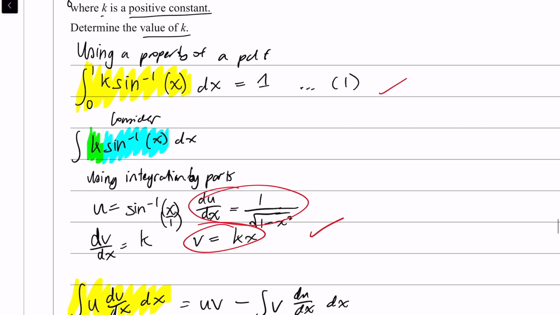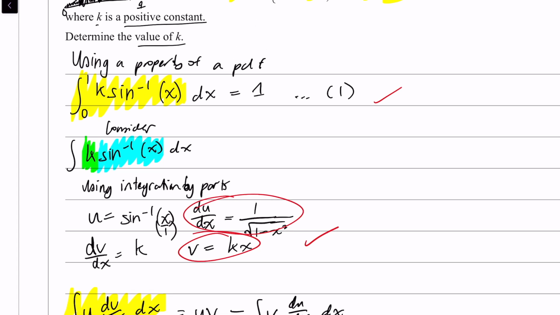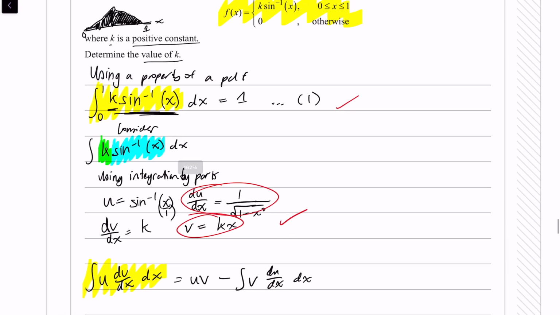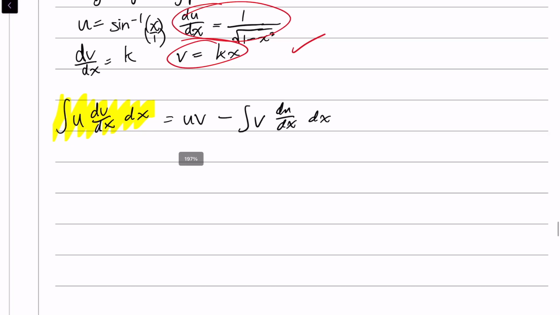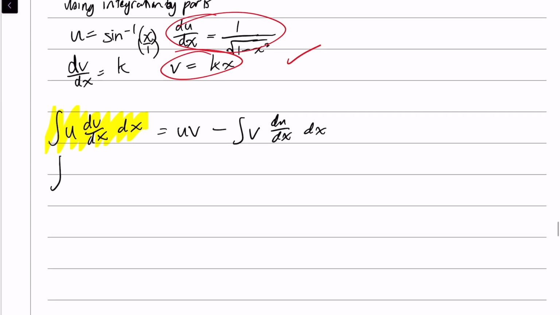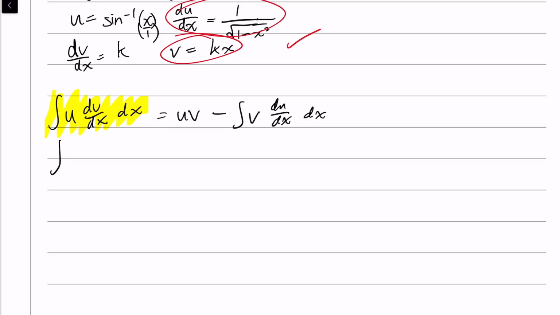We have a u value, which is our inverse sine x, and our dv dx value, which is just k. And if I multiply those together and then integrate that, then I'm using my integration by parts formula, right? So that's my application of it. And then obviously I would now just substitute what these actually are. So I know my u is the sine inverse and my dv dx is my k.